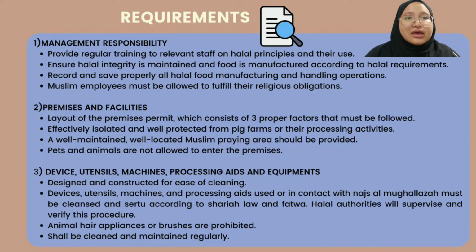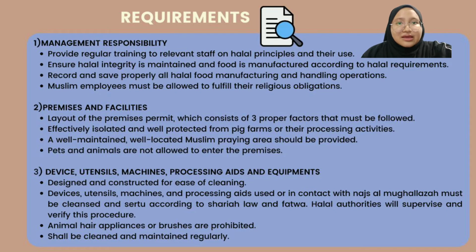The third one, the management should properly record all halal manufacturing and handling operations, and documents and records must be maintained and traceable. The fourth one, management should allow Muslim staff to fulfill their religious practices such as fasting in Ramadan and also performing their prayers.